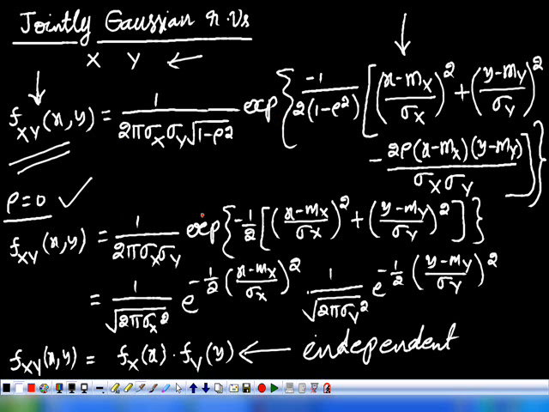We let that be a constant and we try to plot the contours of the jointly Gaussian random variables in the xy plane and see how these two random variables are related to each other for different values of rho.